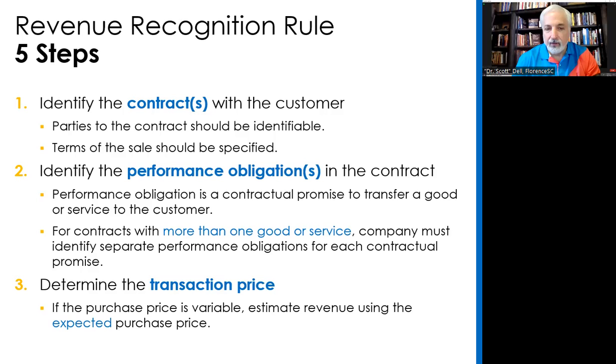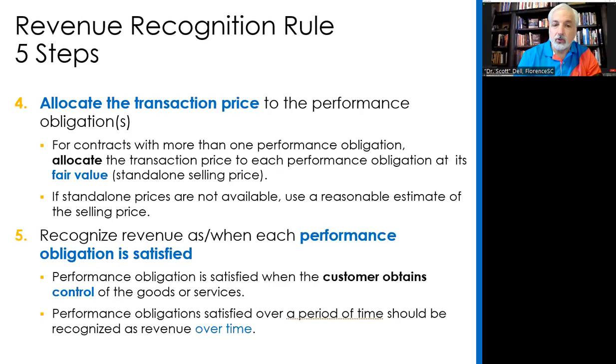You need to be able to determine a transaction price. You can make some estimates sometimes, but you have to be reasonably assured that it is a reasonable estimate to work with. We talked about multiple performance obligation elements being met, and you might have to allocate the transaction price to each one of those.